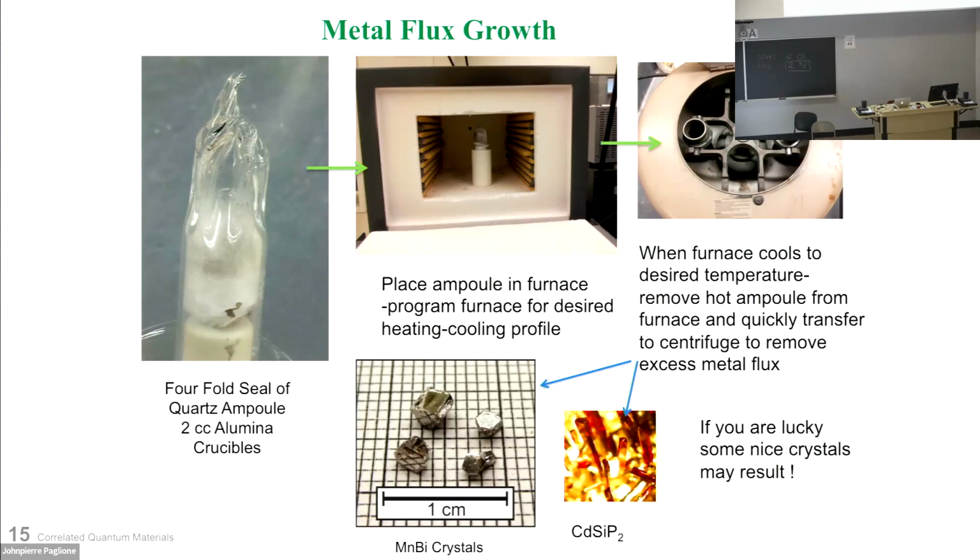So once you've got your materials sealed up, this, I think, looks like one of my seals. It's not as pretty as some of the other guys in the group. There's something called the 4-fold way of sealing crystals, which is a pretty easy technique to use once you get familiar with it.